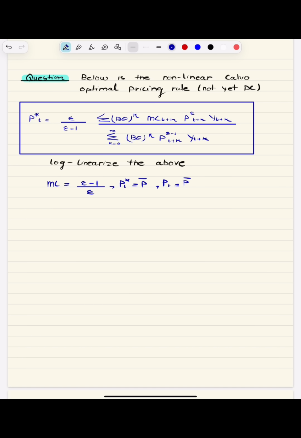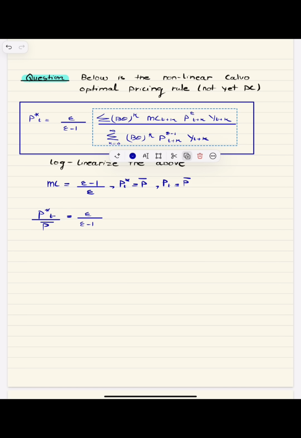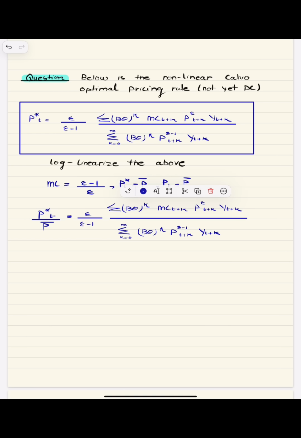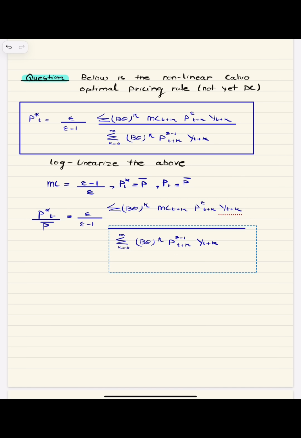So let's take the ratio p star t over p bar. Okay, so this just comes here as it is. On the numerator and denominator, we're going to make some changes. Take a deep breath, I hope this doesn't look scary. Each of these is to the power epsilon, right?